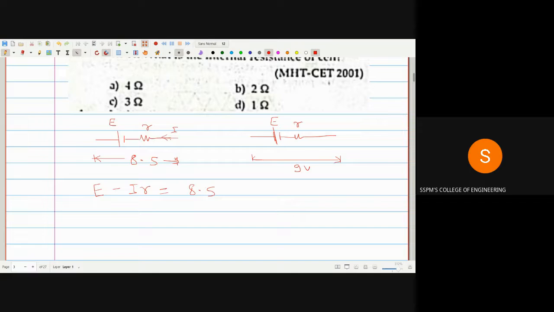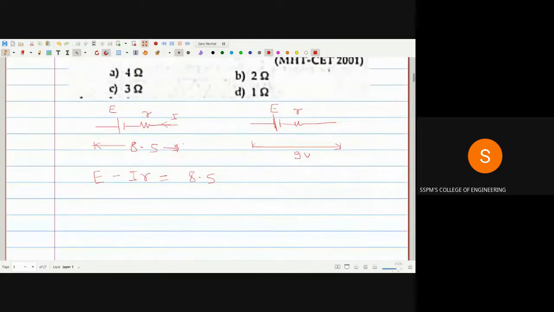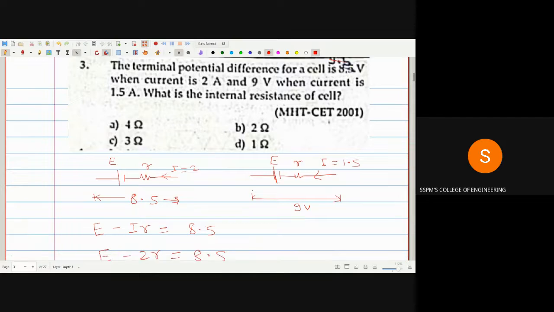इथे करंट किती फ्लो होतो? इथे हाउ मच करंट फ्लोइंग? 2 एम्पियर करंट फ्लो होतो. I इज इक्वल टू किती आहे? इथे 2 एम्पियर आहे. इथे मी असं लिहू शकतो, E minus 2R is equal to 8.5. And in the second case, the current 1.5 ampere is flowing. Isn't it? And इथे पण KVL apply करायचं.